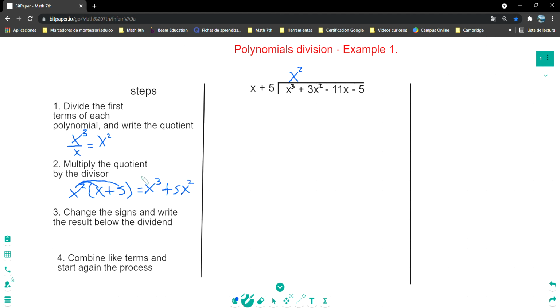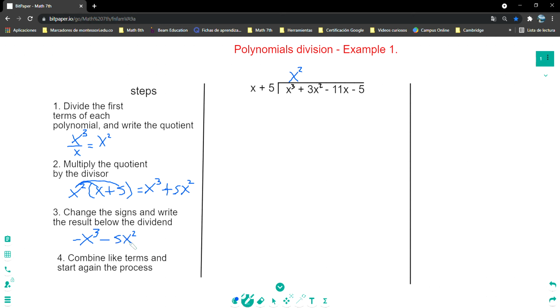All right, ready the second step, and then let's go to the third one. We need to change the signs and write the result below the dividend. So we are going to change the signs of this expression. That will be minus x cubed minus 5x squared.